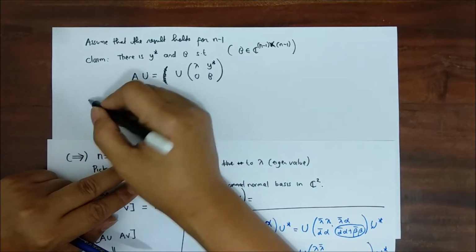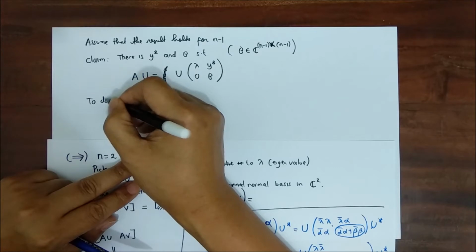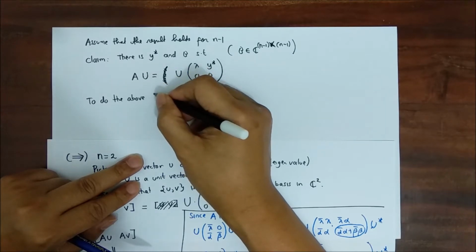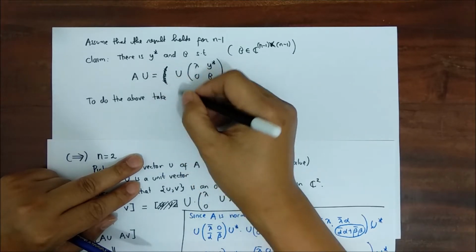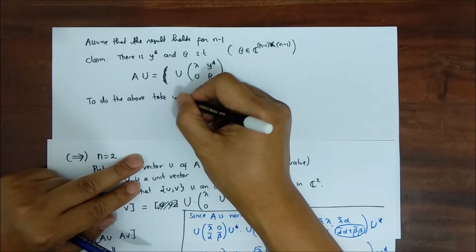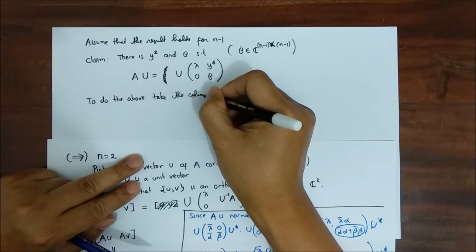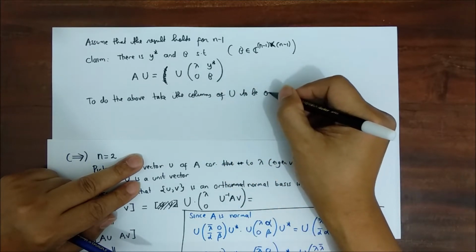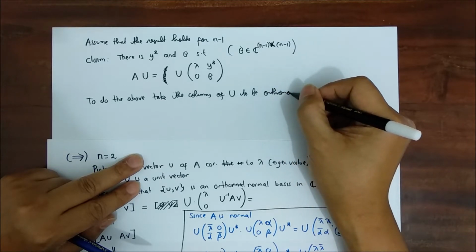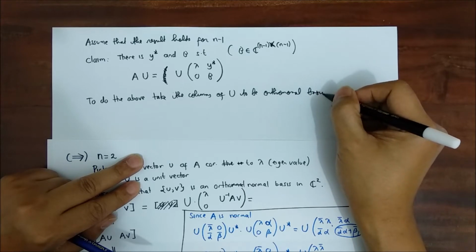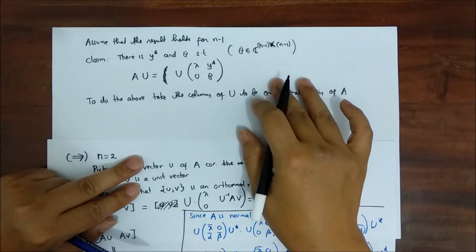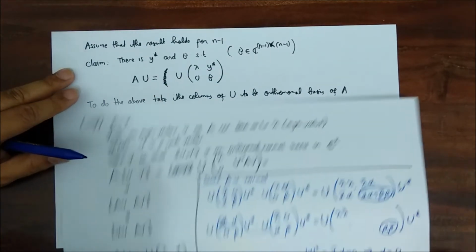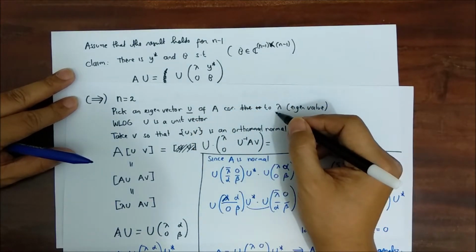So to do the above, take the columns of U to be an orthonormal basis, where the first column of this capital U is the small u that we have in the earlier case.